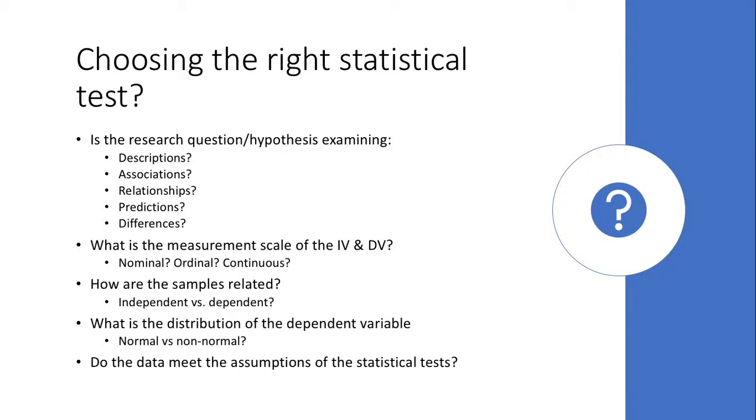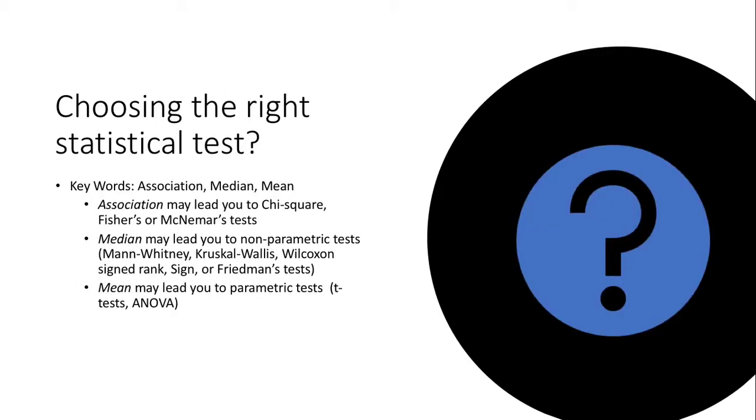Throughout this course, we will touch on some of the assumptions that you need to be aware of. We're not going to ask you to run statistical analyses in software programs such as SPSS, but it is important that you understand the assumptions because many times these are referred to in the analysis section of a research manuscript.